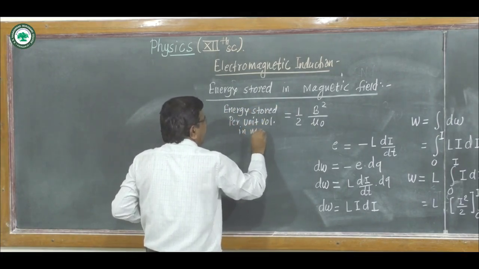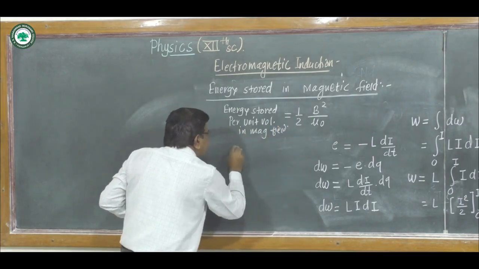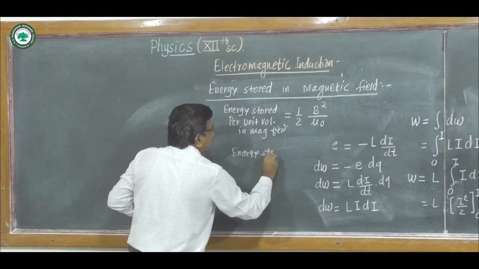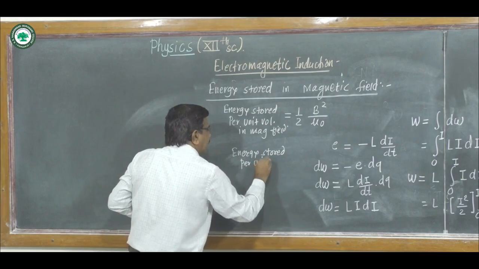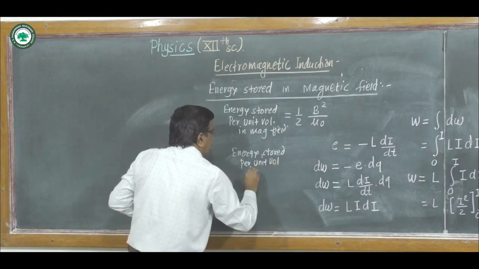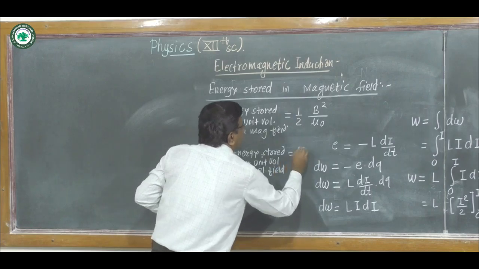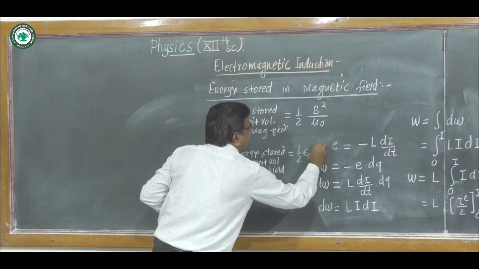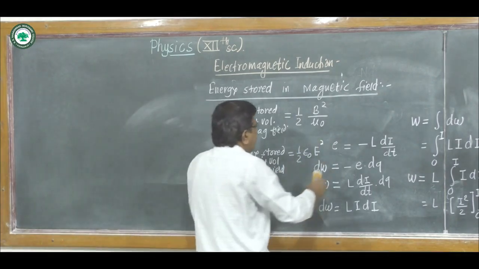Again, energy stored per unit volume in an electric field is 1/2 epsilon 0 into E square.